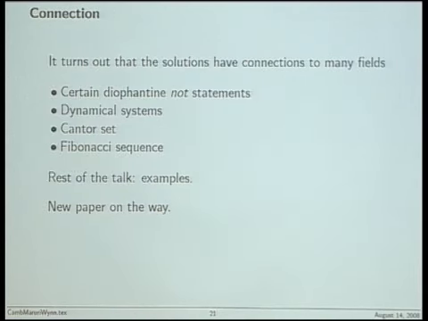So what you get is, when I put these sequences in, it turned out there were connections with some really quite well-known sequences: certain Diophantine things, some dynamical systems, the Cantor set, which will appear, some of you may know it, and Fibonacci sequences. Just from this greedy optimization we did with the generators.